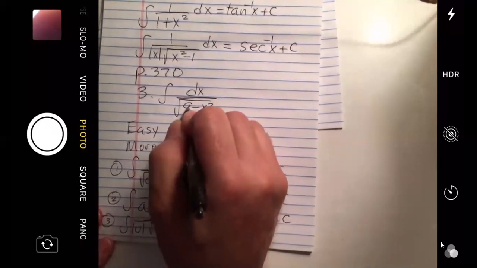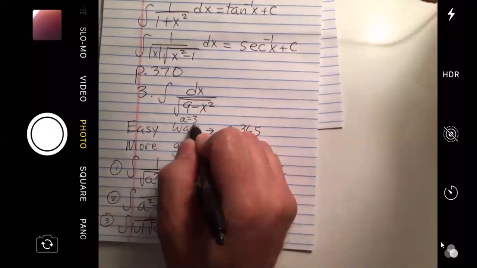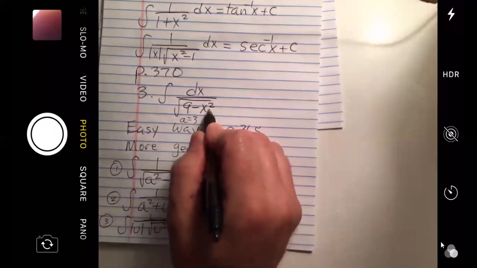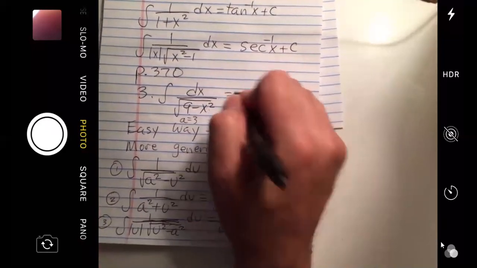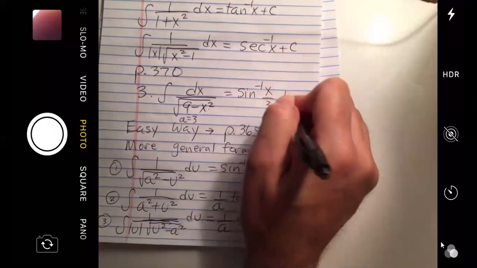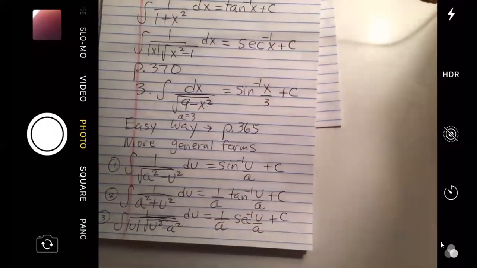A squared is 9, so a would be 3. It's got the number first minus the letter squared. That means you just simply get an arc sine of x over 3 plus c. Write it right down in one step. Or I could do an entire page demonstrating why you get the x over 3.